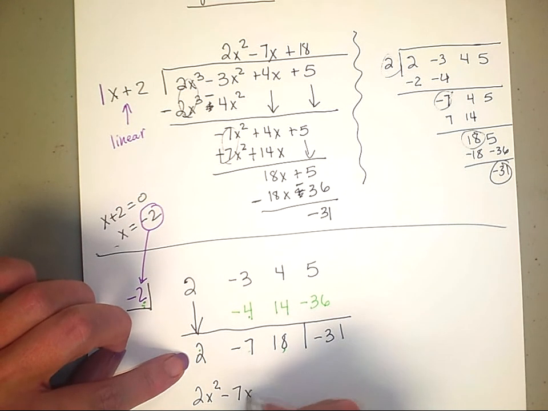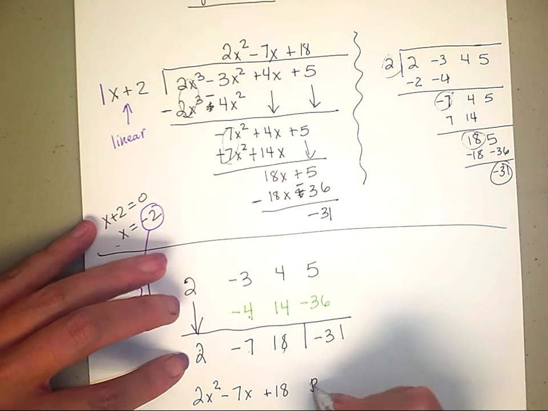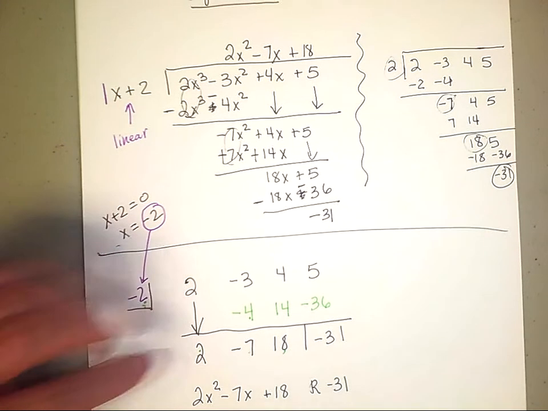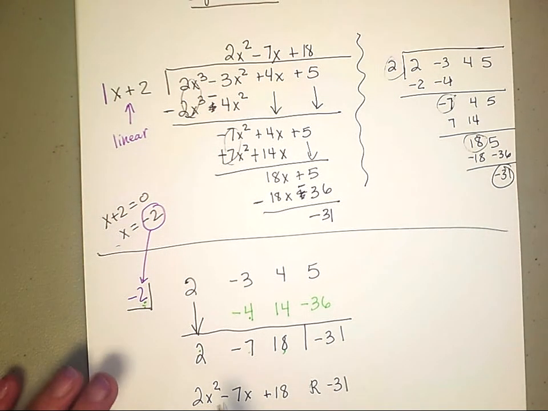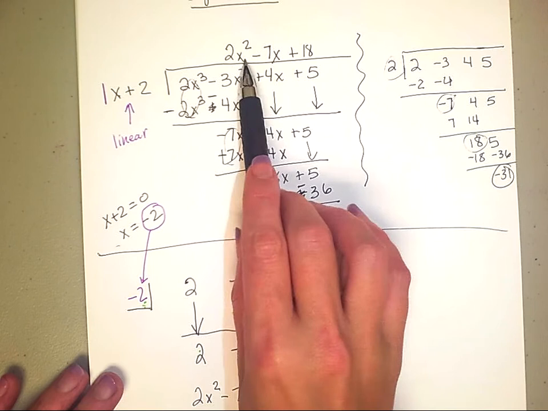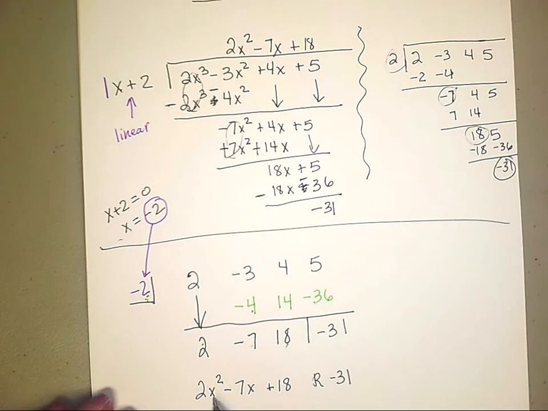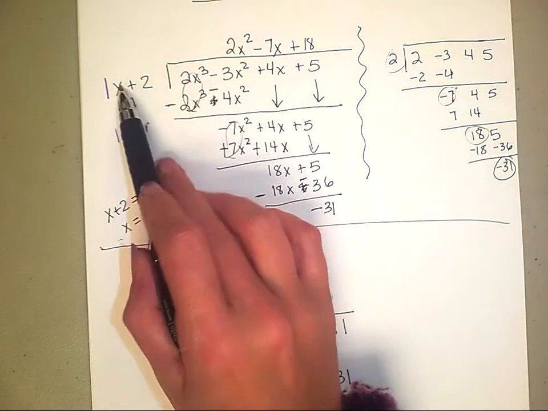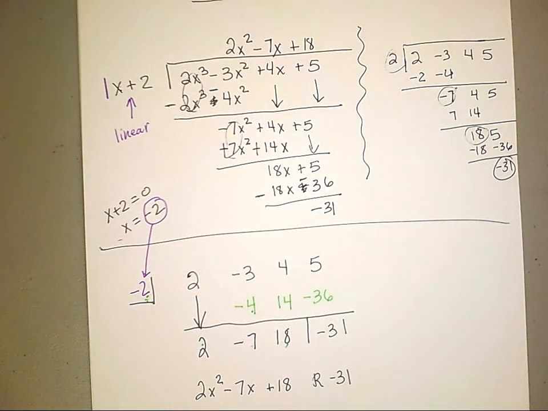So it's 2x squared minus 7x plus 18 with a remainder of 31. Because I'm dividing by a linear into the x cubed, I'll get an x squared. Okay, let's do another one.